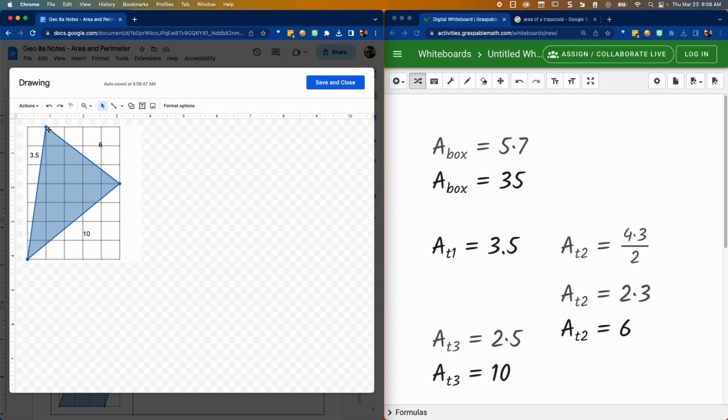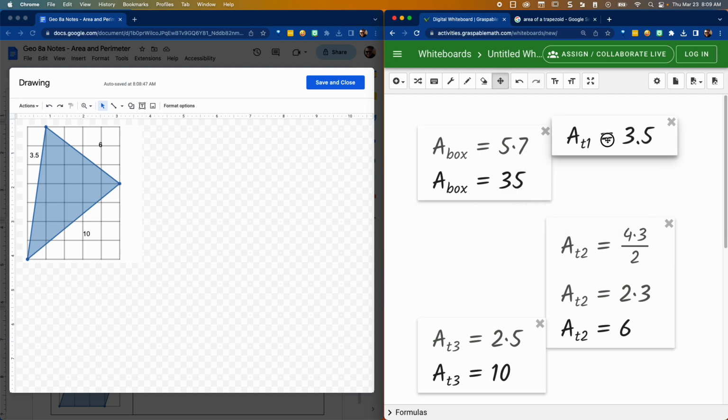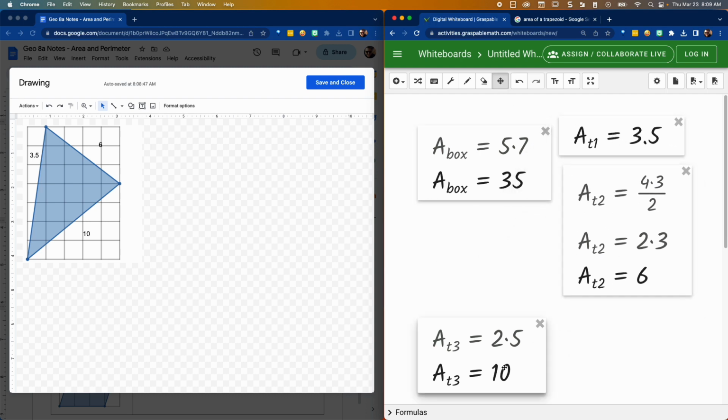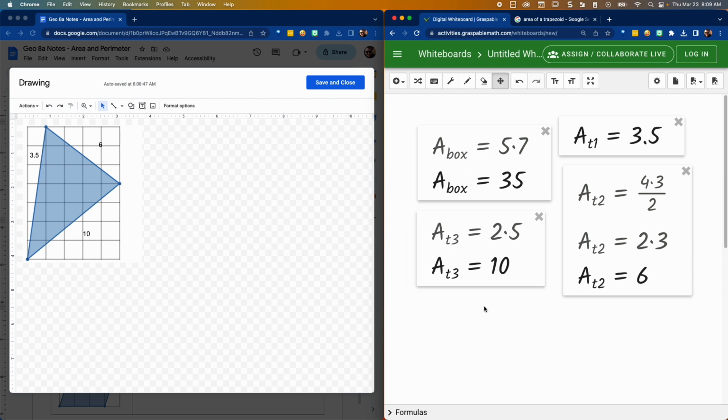And then how do I calculate the differences, or the blue area? Well, I take the total, which is 5 by 7, that's 35. And then I subtract those three numbers. So I'm going to do that as my final calculation. Let's move some of these around. So we have triangle 1, triangle 2, and triangle 3.